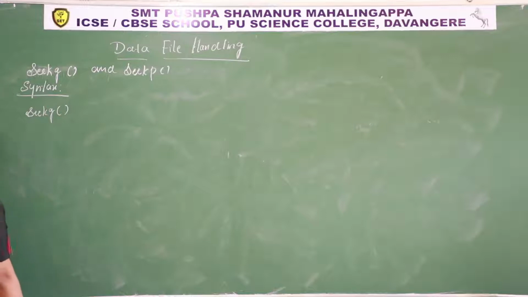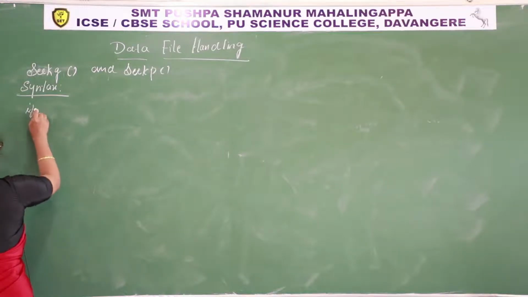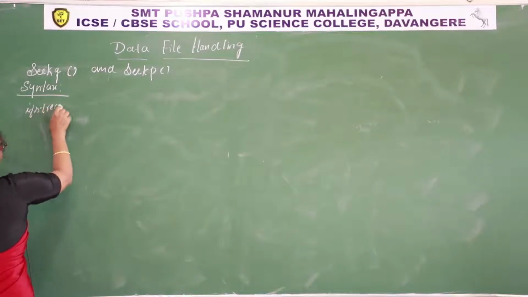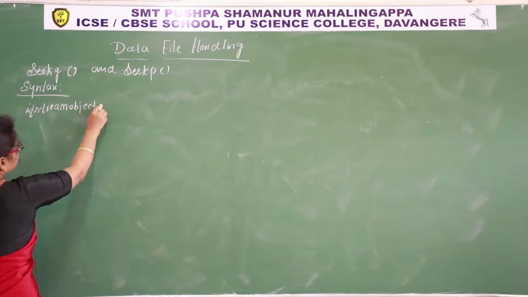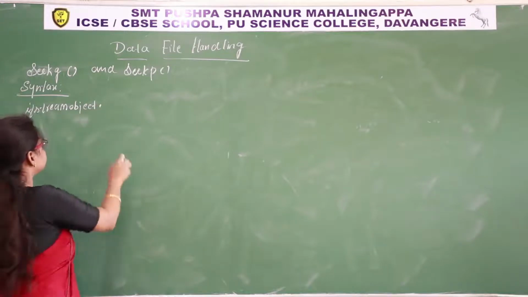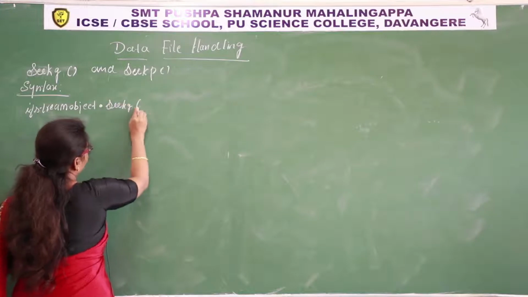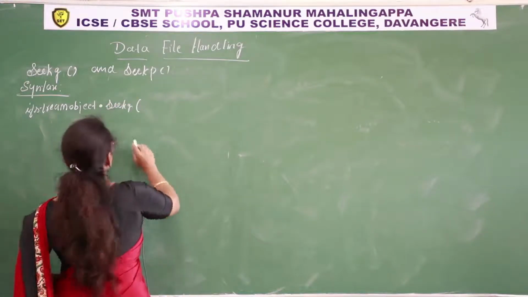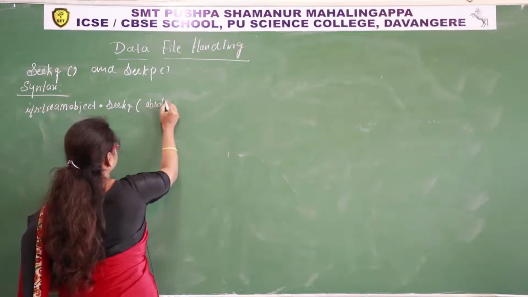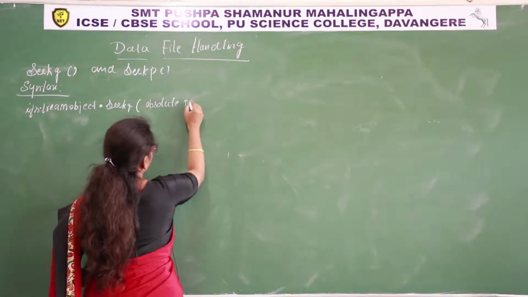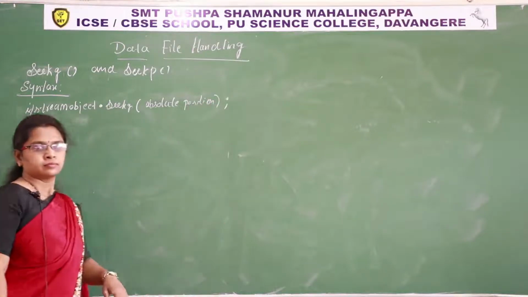So we have to take an object of that class. ifstream object dot seekg, open parenthesis, absolute position, semicolon.